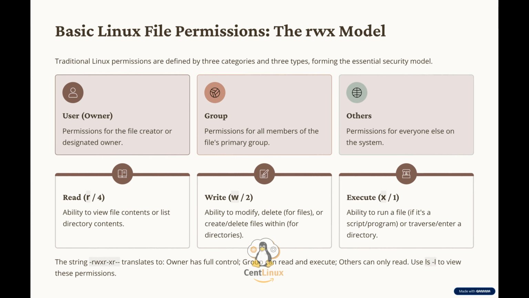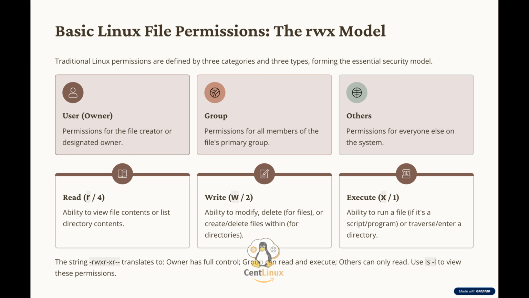Linux uses a simple but powerful permissions model based on three categories: user (owner), group, and others, and three permission types: read, r, view a file or list directory contents; write, w, modify files or delete files inside a directory; execute, x, run executable files or enter or traverse directories. Each permission has a numeric value.